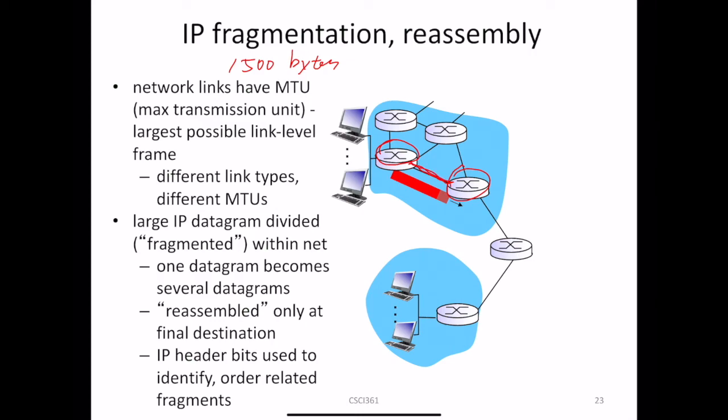However, when the larger datagram arrives on this router, the next link can only transfer a smaller size of datagram. Therefore, this larger datagram will be divided into smaller pieces. In this case, it will be divided into three smaller datagrams.